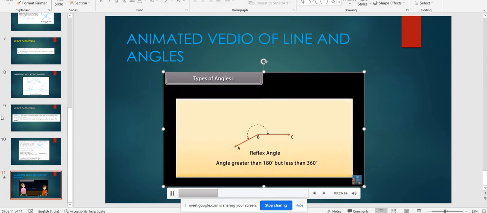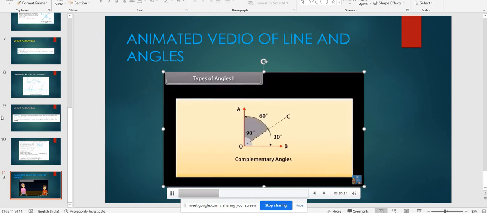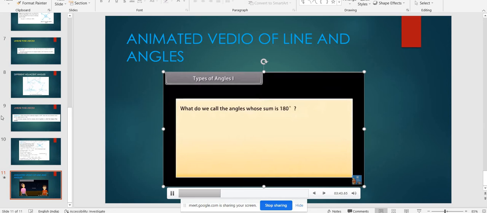And an angle which is greater than 180 degrees but less than 360 degrees is called a reflex angle. We also know that two angles whose sum is 90 degrees are called complementary angles. What do we call the angles whose sum is 180 degrees? Yes, you are right. They are called supplementary angles.